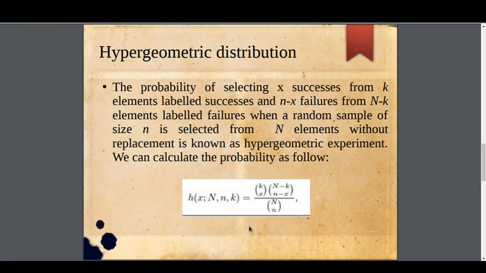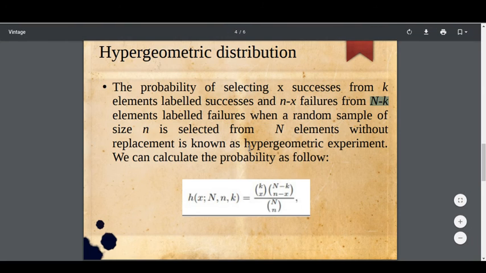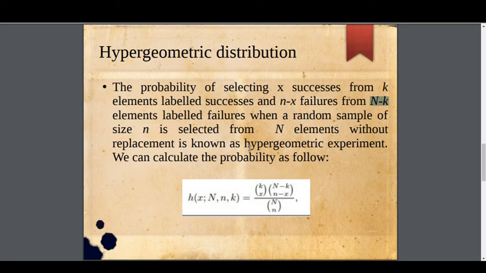So okay, let's explain how to make the experiment. Basically we have a set capitalized N, and that set contains two subsets, which are K, labeled as successes, and capitalized N minus K, labeled as failures.